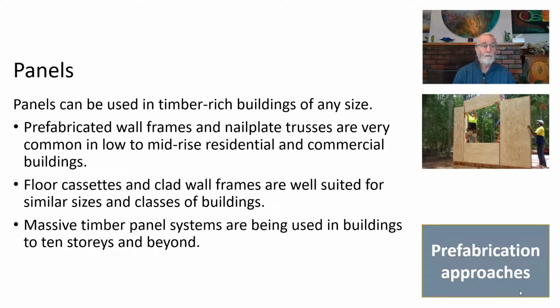So mid-rise, we're talking up to 6-8 stories. And massive timber panel systems are used for buildings to 10 stories and beyond. So there are various ways in which these items can be manufactured, whether they're satisfying a residential function, or they're in a major multi-story building.